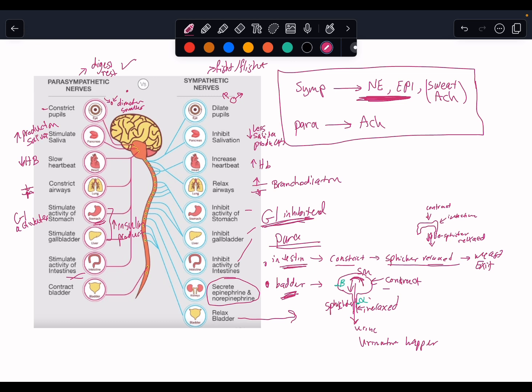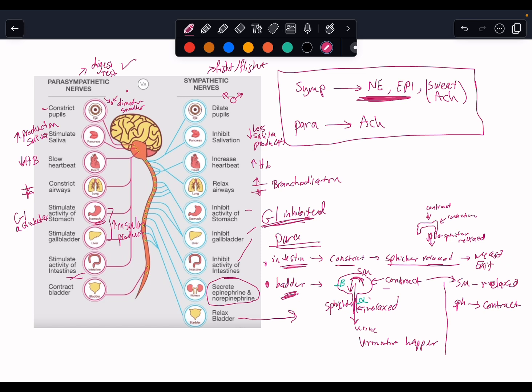So for the sympathetic, it will be opposite for the bladder or the intestine. So for the bladder, the smooth muscles will be relaxed and the sphincter will contract because you are in the fight and flight mechanism.